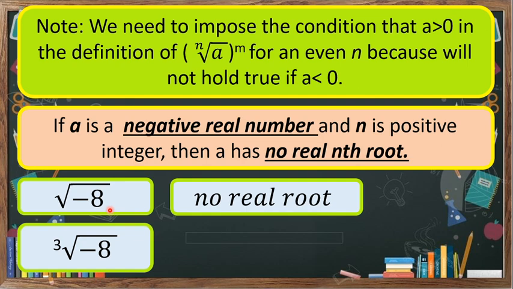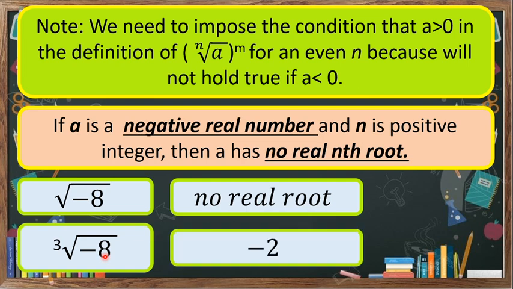Another. But if our index is an odd number such as 3, 5, 7, 9, and so on, and our radicand is a negative number, we can get a real root, which is negative 2. How? Because negative 2 times negative 2 times negative 2, we can get negative 8. Alright?